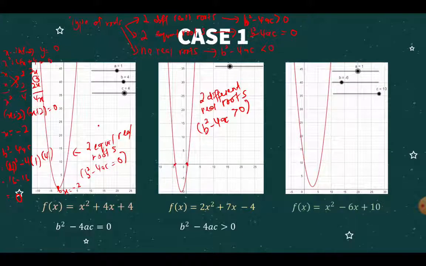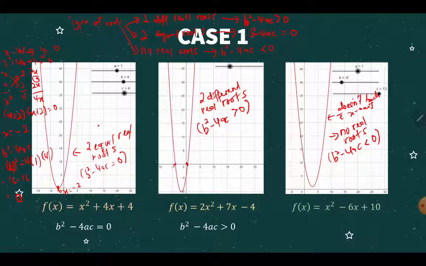How about the next one? If we look at the graph, it doesn't touch the x-axis. So we know that we have no real roots. So we will relate it with discriminant less than 0.